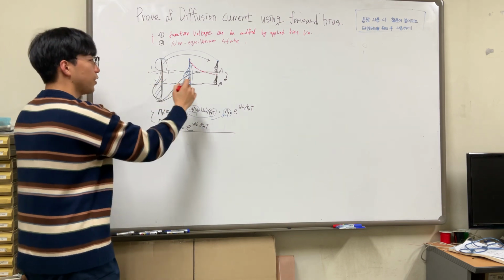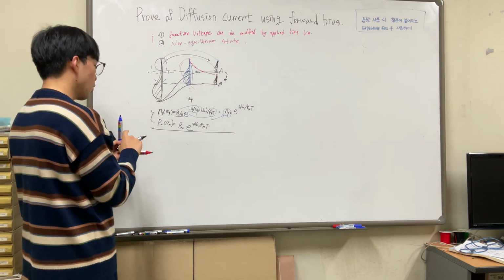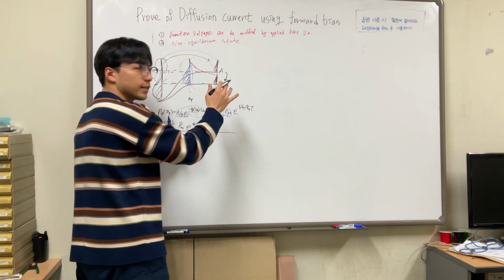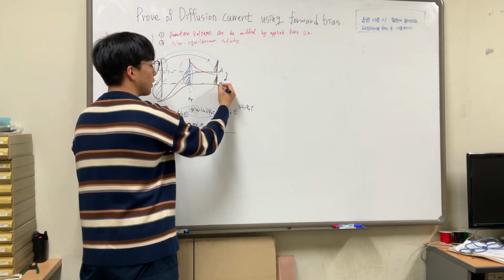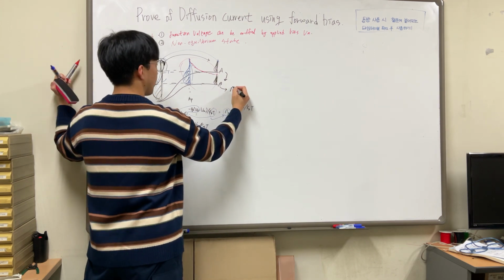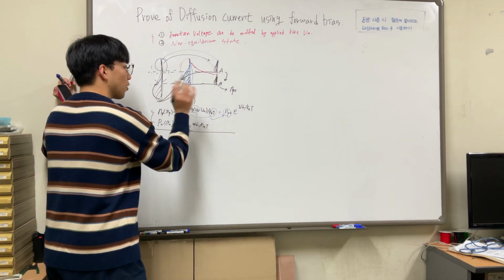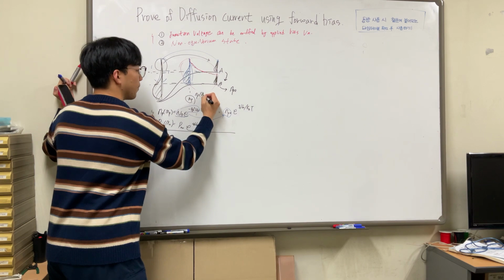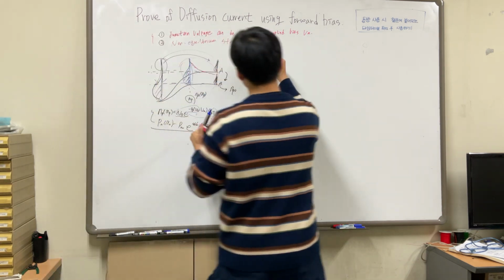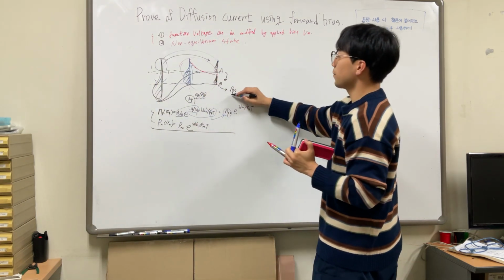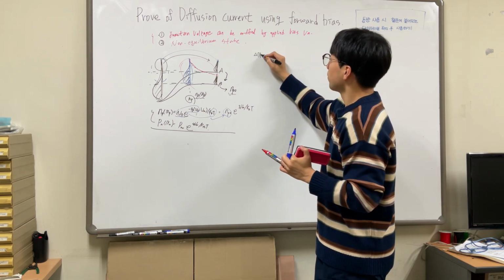If we look at this graph more closely, we can see the difference of the electron concentration. We subtract NP and NP0.